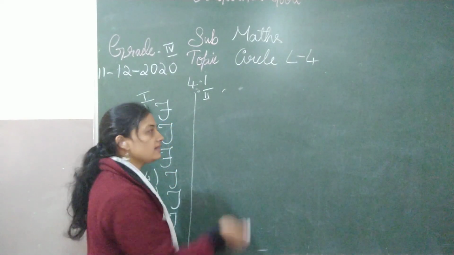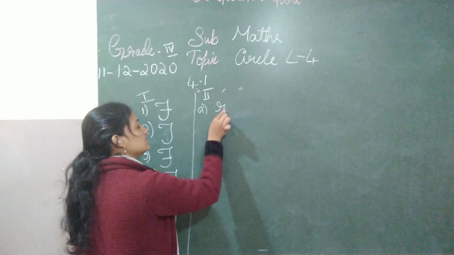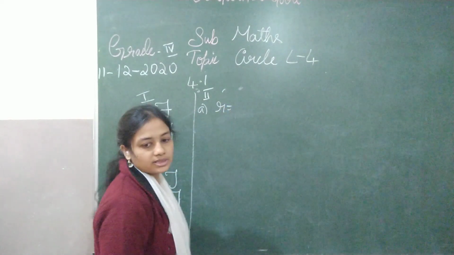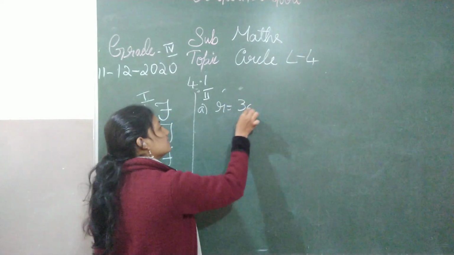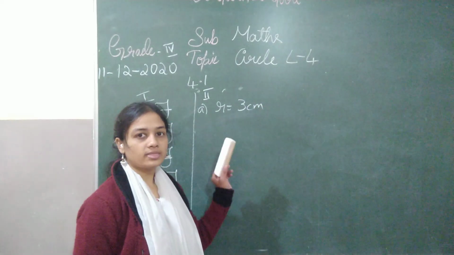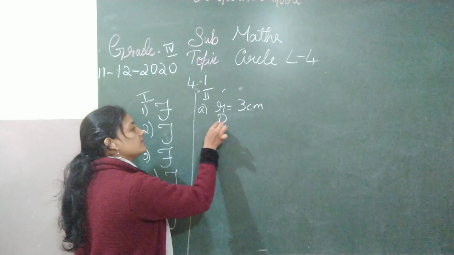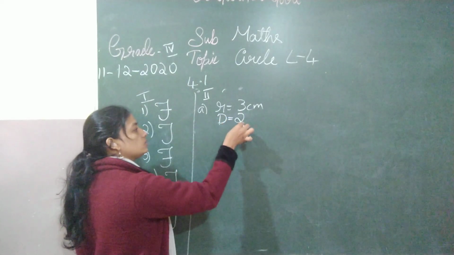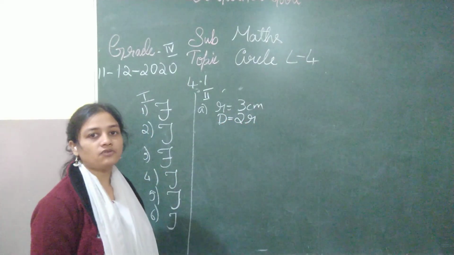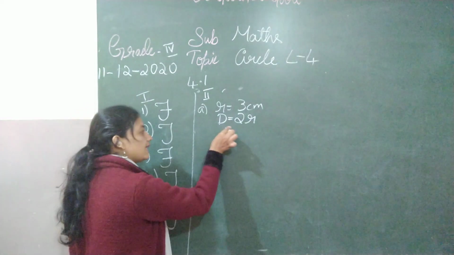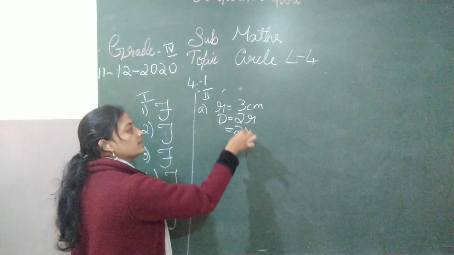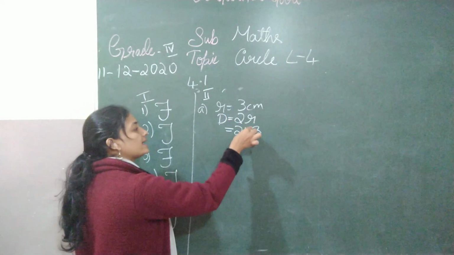So second one, first question is given as r is equal to 3 centimeters. This is the question. Now you should first write the formula, that is diameter is equal to 2 times radius. You write this and then write 2 into what is the radius? 3. So write 3.